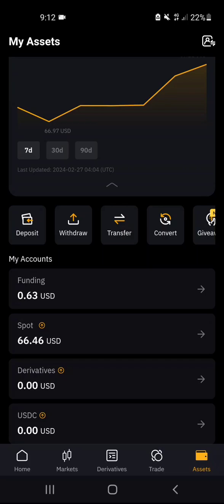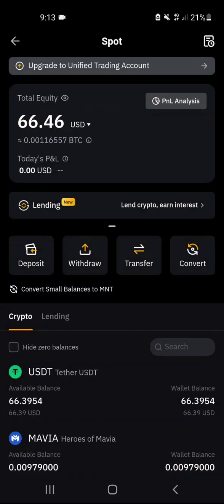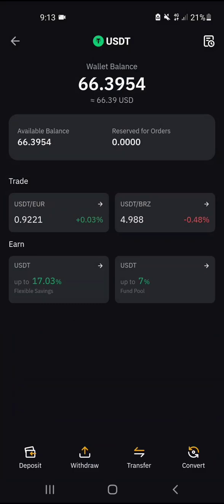If you want to convert your capital into another coin, I recommend using convert. Or if you intend to sell your capital at a somewhat higher price, you can use trading.